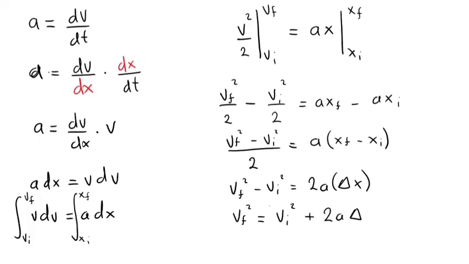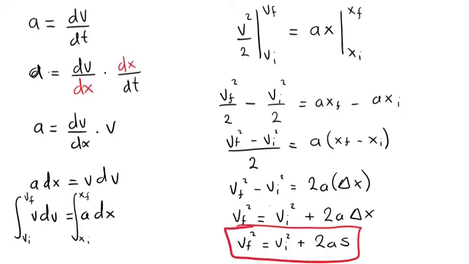Now we know the change in x, let's just write it as s. So final velocity squared is equals to initial velocity squared plus 2a times s, which is the change in displacement. There we have it. So I hope it makes sense.